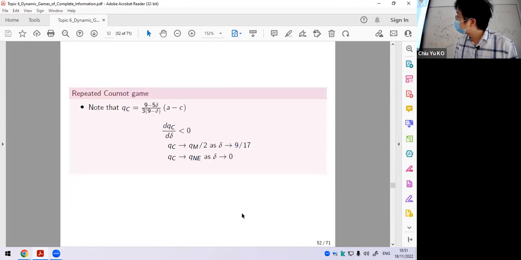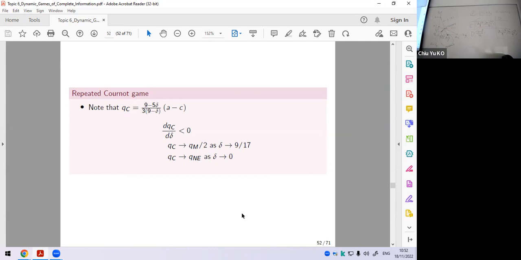This expression is decreasing in delta, as we would expect, right? The higher the delta, maybe I have a diagram to show what this graph looks like. So this is delta and this is QC.